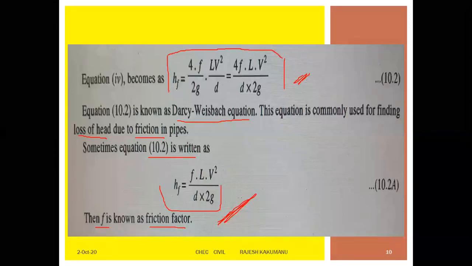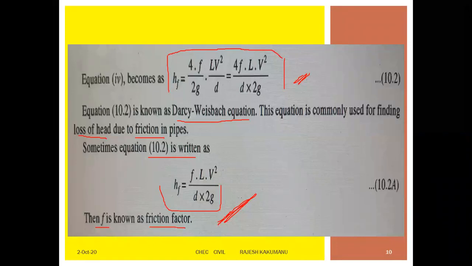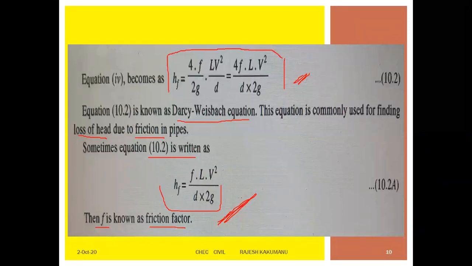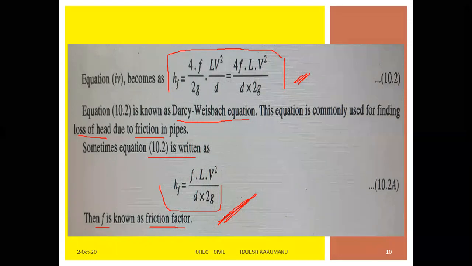This is the Darcy-Weisbach equation. Before this, we spoke about another equation in the previous classes, that is Hagen-Poiseuille's equation. Hagen-Poiseuille's equation is for laminar flow, and this is for turbulent flow. Okay? Right. So in laminar flow you get the Hagen-Poiseuille equation, and in turbulent flow you get the Darcy-Weisbach equation.